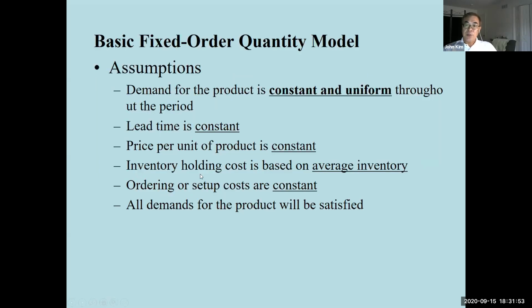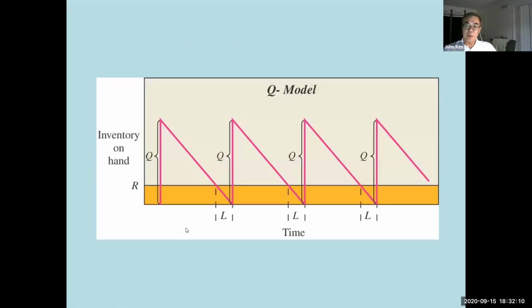And inventory holding cost is based on average inventory. And then ordering or setup costs are constant, the same every time. And all demand for the product will be satisfied. That means during the term, the inventory is consumed completely, and then next time order, receive, and so on like this.